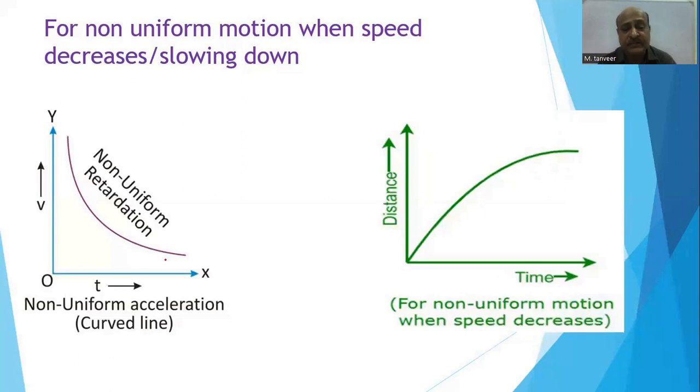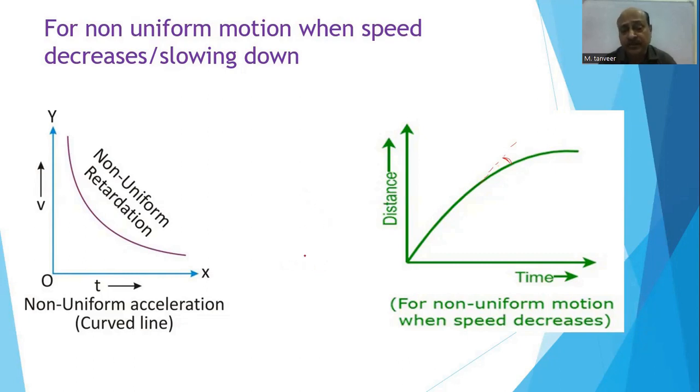Similarly, for the distance time graph, for non-uniform motion of a body when speed decreases. Remember this, whenever you draw the tangent, and the curve is below the tangent, then speed is decreasing. But this speed is not uniformly decreasing.